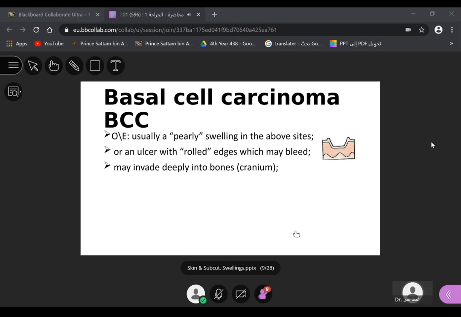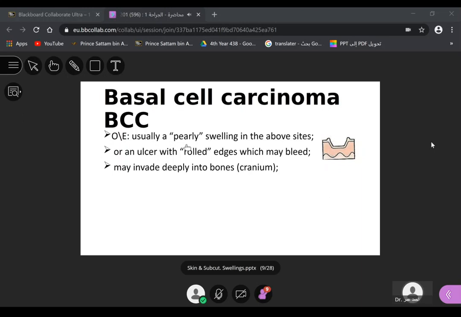In addition to this rolled edge, there will be small rounded structures which lie on top of the edge, like beads.